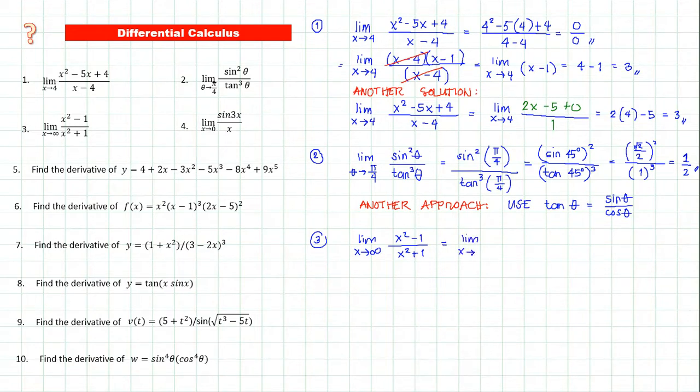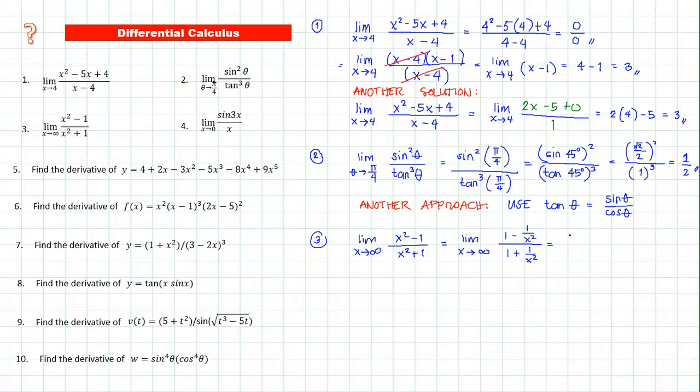Therefore, ang mangyayari dyan, limit as x approaches infinity ng 1, so dinidivide natin by x squared, ha? Minus 1 over x squared all over 1 ulit plus 1 over x squared. Diba? So, in that case, pwede na natin palitan ng infinity yan.